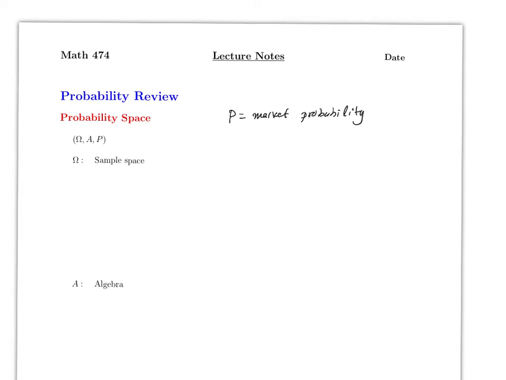So for example, let's say that a family decides to have three kids. So the sample space will be the following. The first one could be a boy or a girl, and then the second one could be a boy or a girl, and so forth.